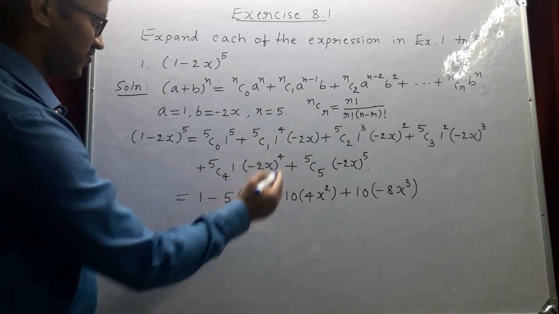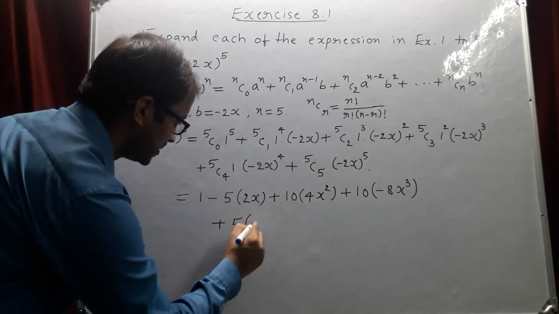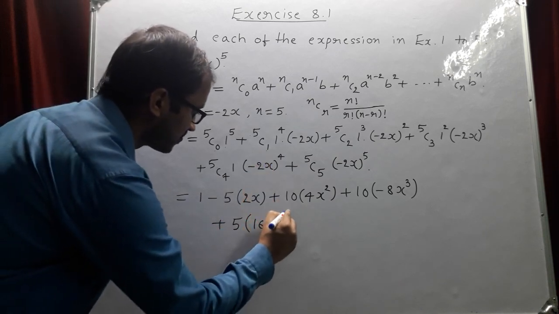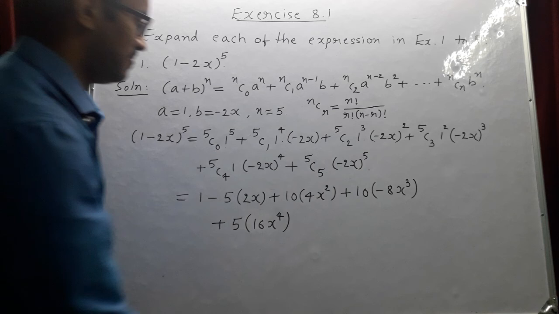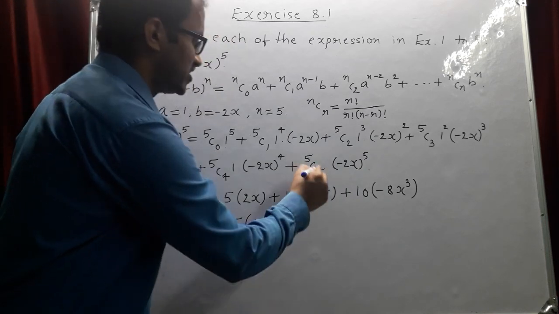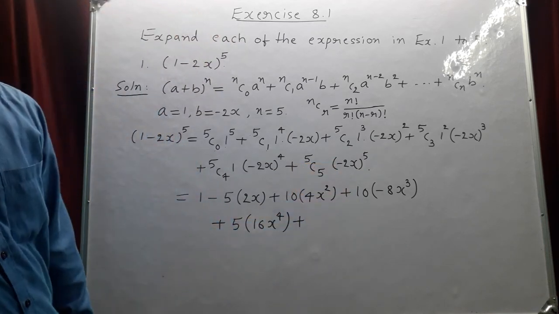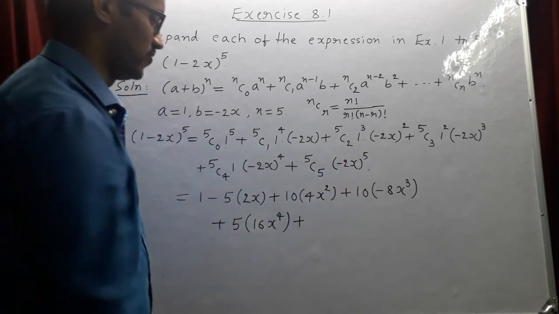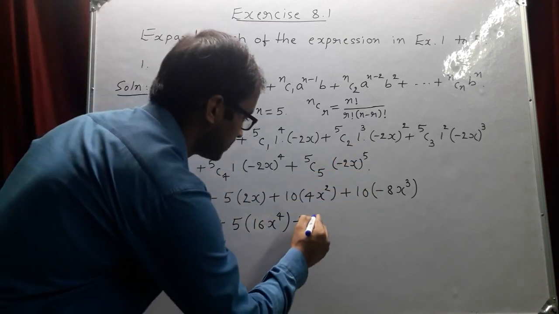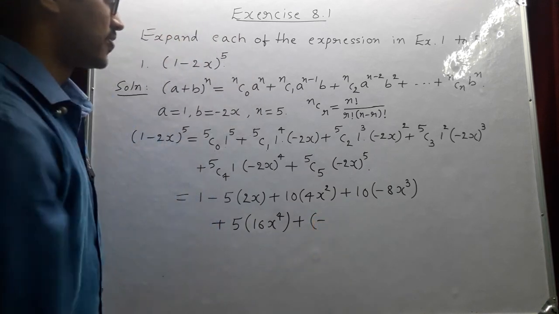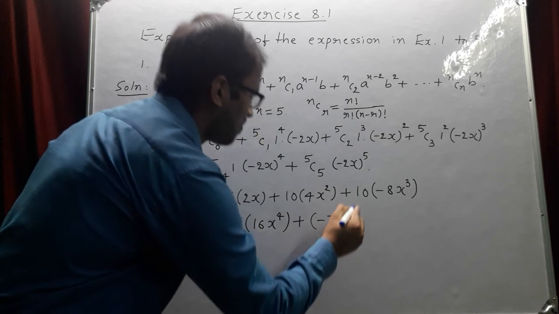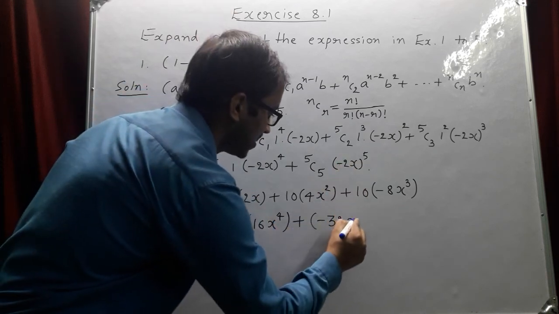So 2 power 4 is 16 into x power 4, plus 5c5. 5c5 value is 1. So minus 1 power 5, so that is minus 2 power 5. 2 power 5 is 32 into x power 5.